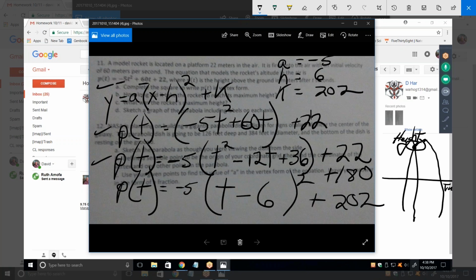That's 180. So it's minus 180 plus 202, which is 22. So the rocket was fired from a height of 22 meters. Oh, that's what they told us to begin with. We knew that already. In other words, I didn't need to go back and solve for it. I was forgetting what the problem was.